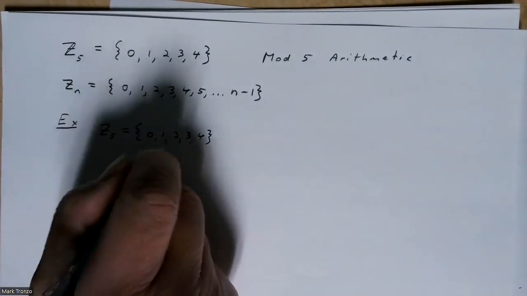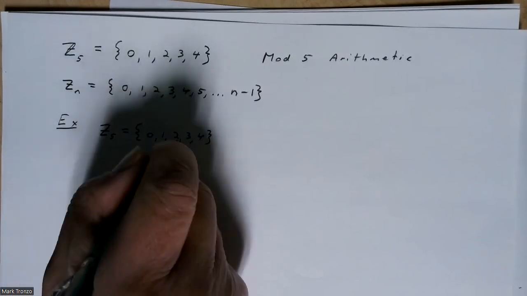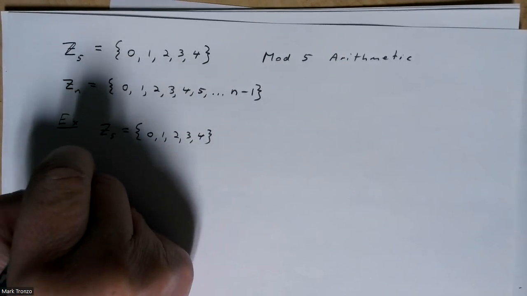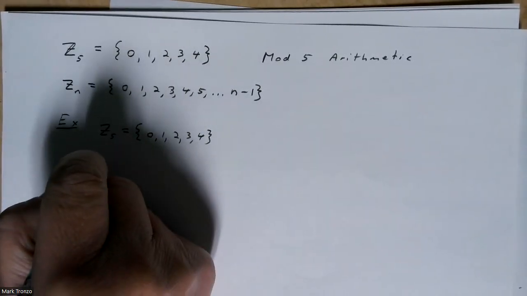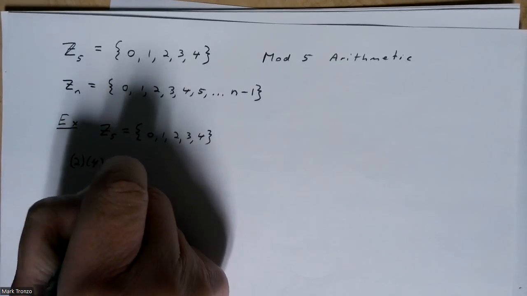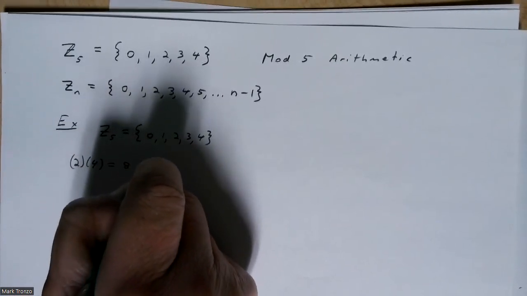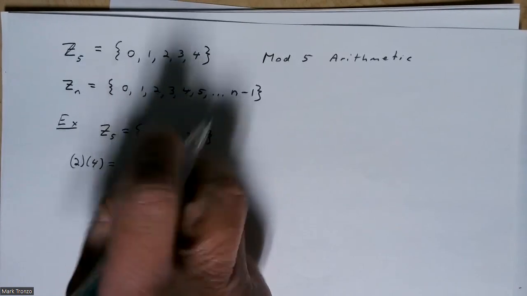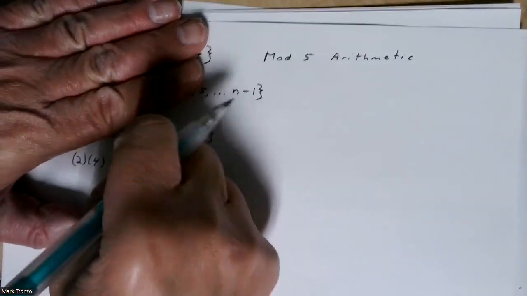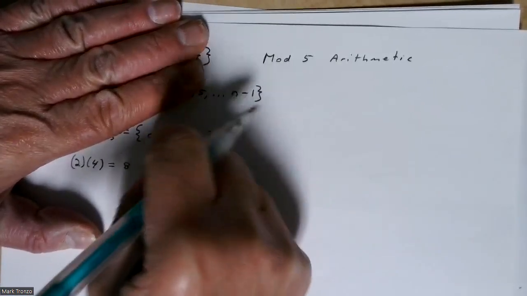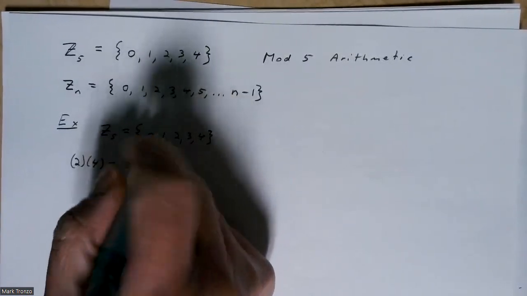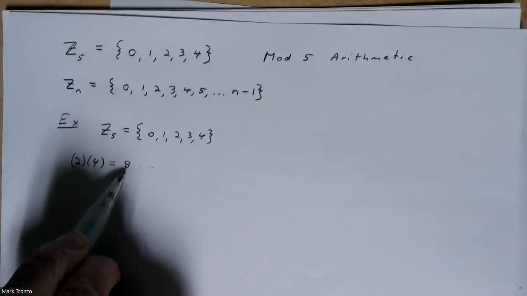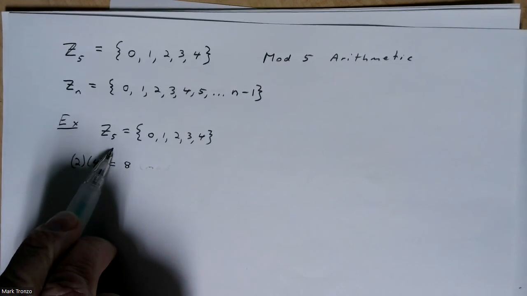So let's say we take 2 times 4, that's going to give us 8. But of course, we want to find out what that is mod 5. And so we'll take the 8 divided by 5. That gives 1, and then the remainder is 3.